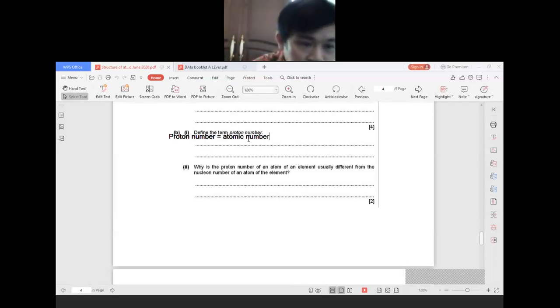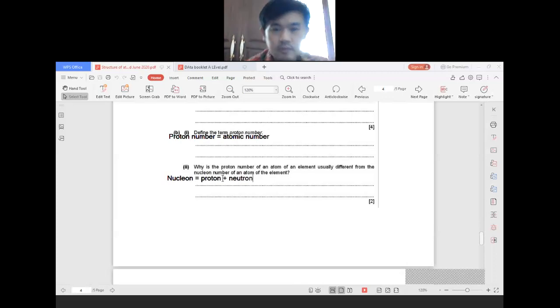Okay, proton number is atomic number. Why is proton number of an atom of element usually different from nucleon number of an atom of the element? Nucleon number is protons plus neutrons.